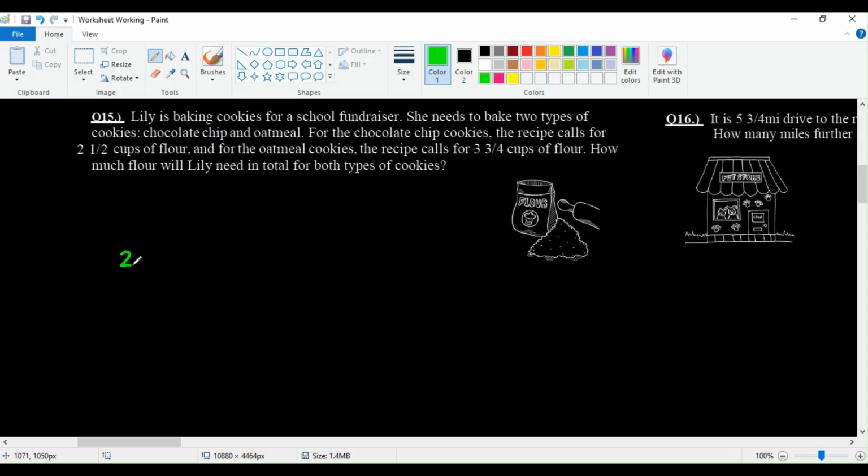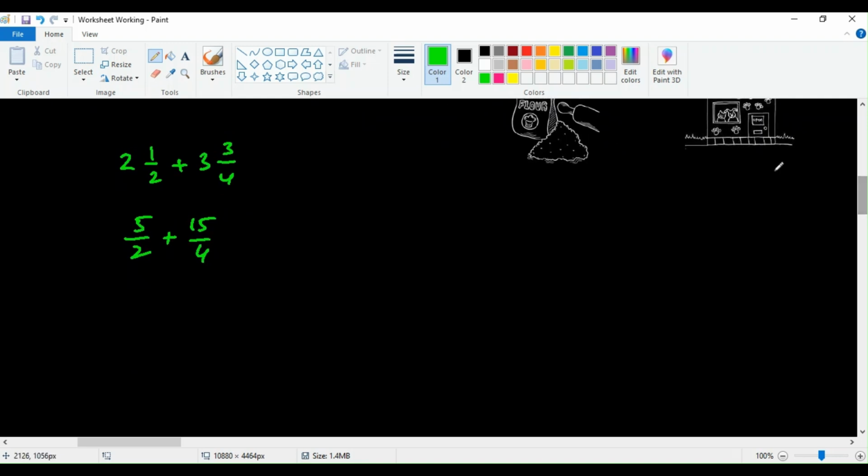That means 2 whole 1 over 2 is to be added to 3 whole 3 over 4. First one is going to give us 5 over 2 plus 15 over 4. Now we know that the denominators are not equal, so we will make them equal. 2 times 2 is 4. That means this also has to be multiplied by 2. And this is already 4, so we multiply by 1.